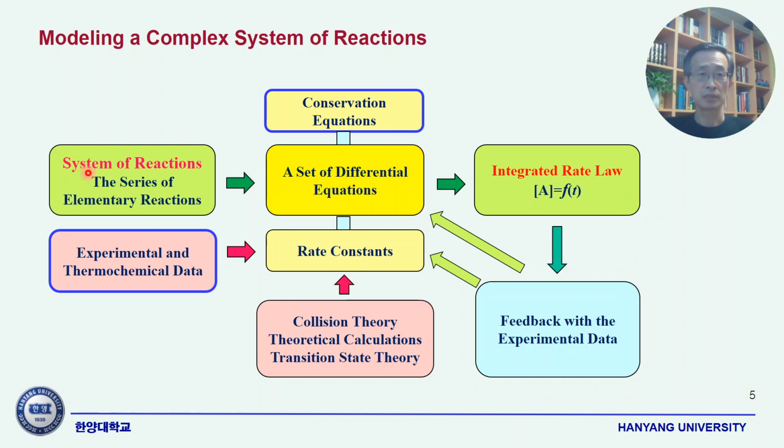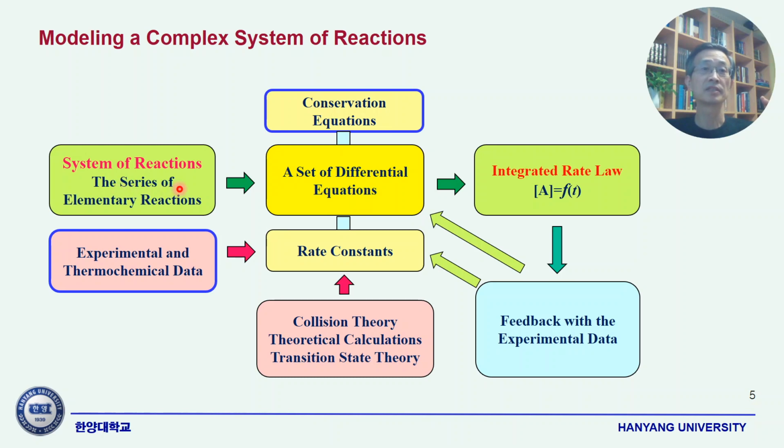At the beginning we have a system of reactions, very similar to a single reaction where we say mechanism. Here we say system of reactions, which is a series of elementary reactions. That should be mapped into a set of differential equations. That's the same part, but here you have many reactions.